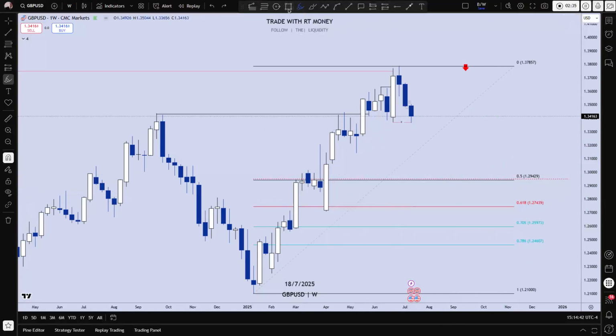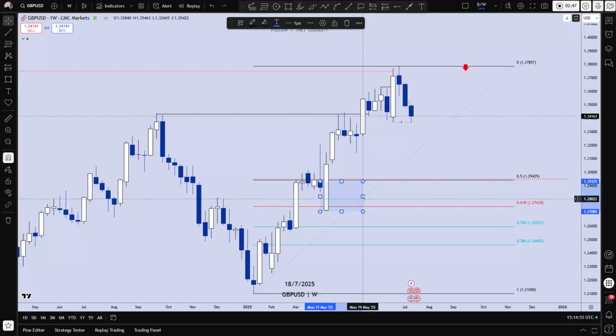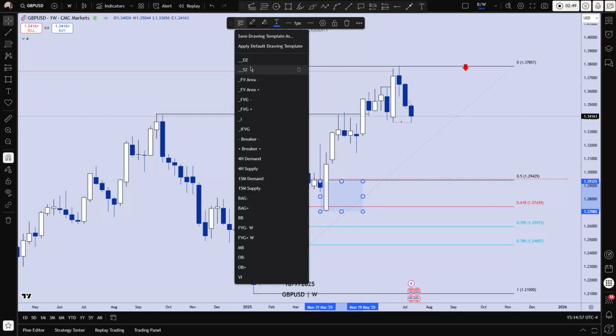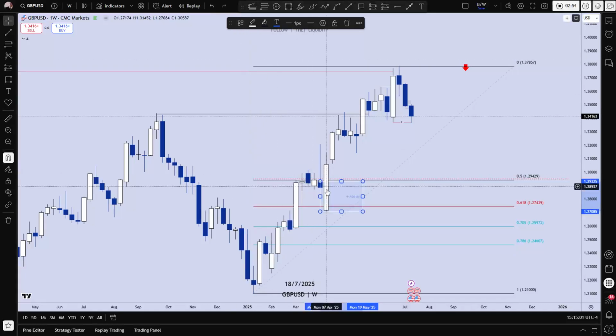This area is also covered. What we can see here is an area of demand, or an area of fair value, but it's a demand zone, right? Where there was a price gap.